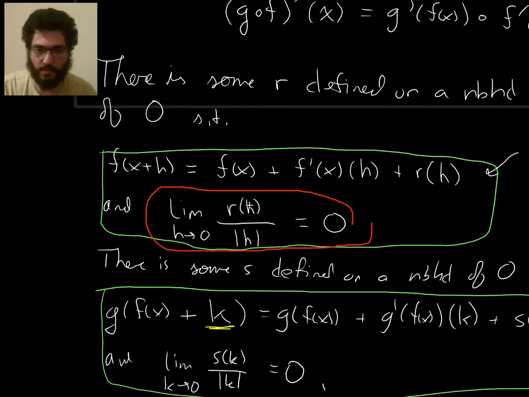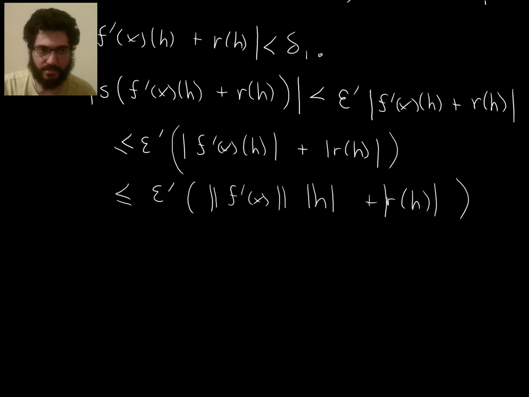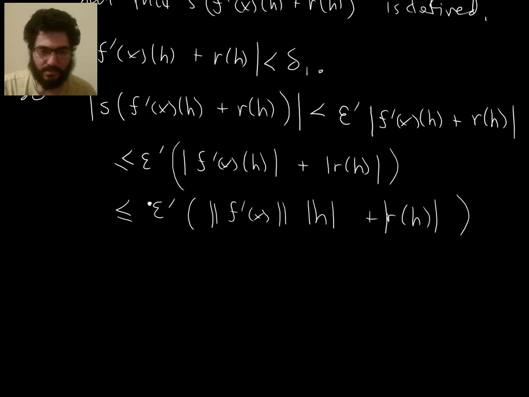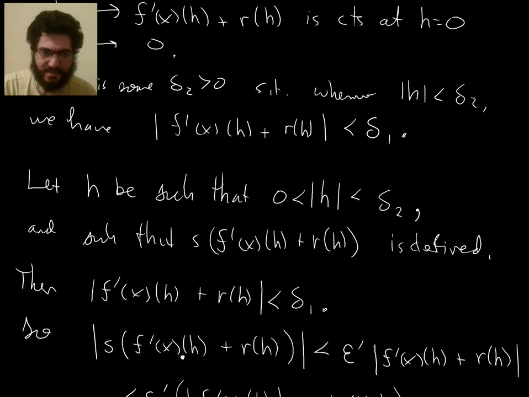By making h small enough, I can always get R of h to be smaller than any positive number I want times the norm of h. So going up rather, I should insert something in here, before I decide that I have my delta that I need. So let me move some things around and I'll be right back.